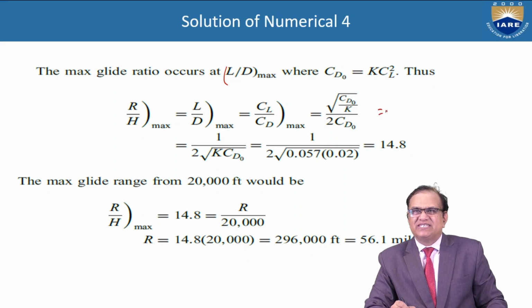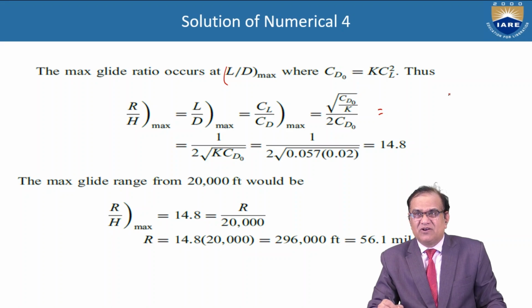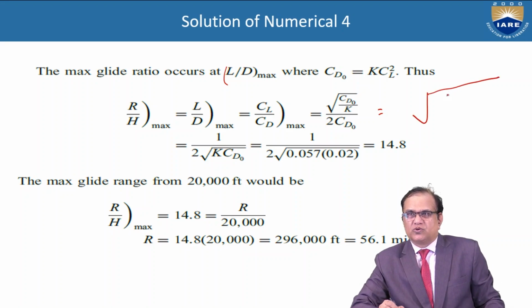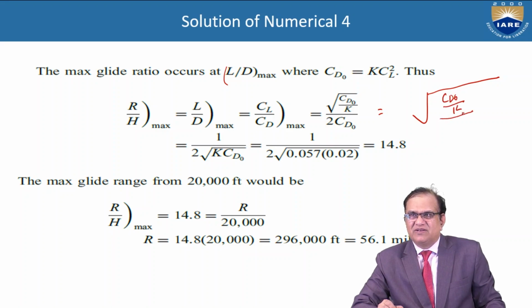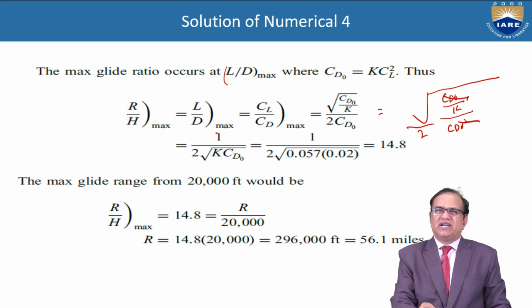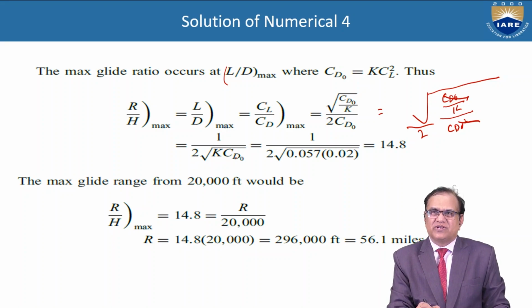If you simplify this, it becomes 1 by 2 under root K CD naught.